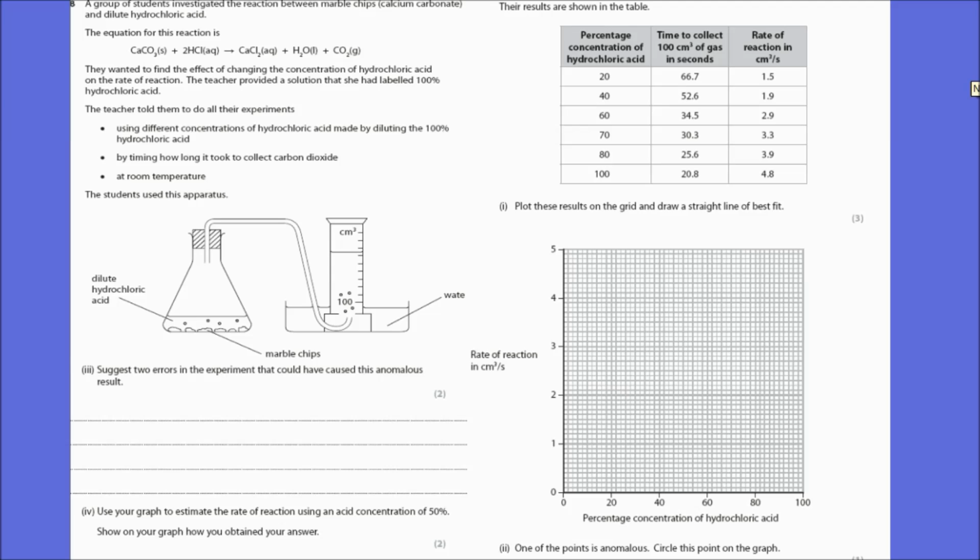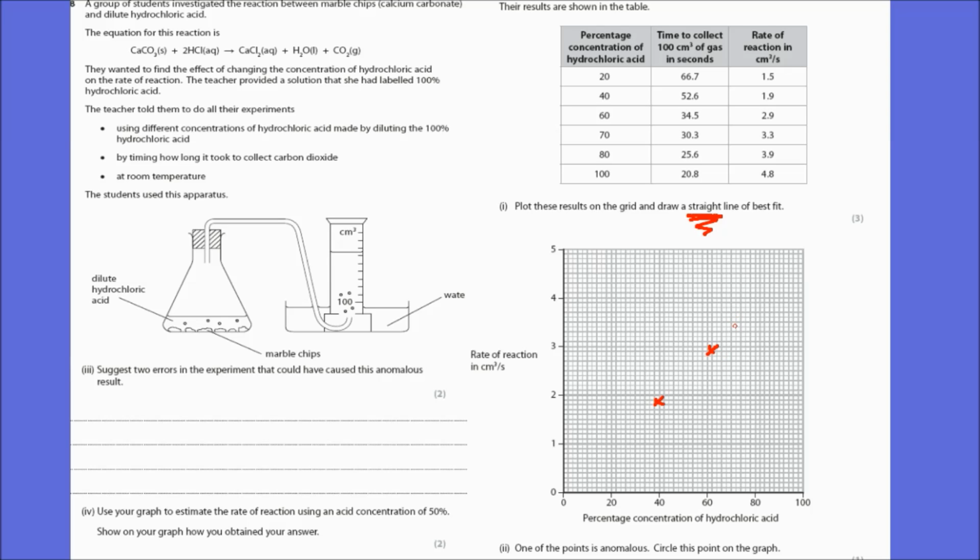The question moves on and you're then asked to plot a graph. Note down that you're asked to draw a straight line of best fit. You're not always asked to draw a straight line of best fit. Now, I'm not going to draw the graph very accurately now, because really I want to focus on other things in this video.